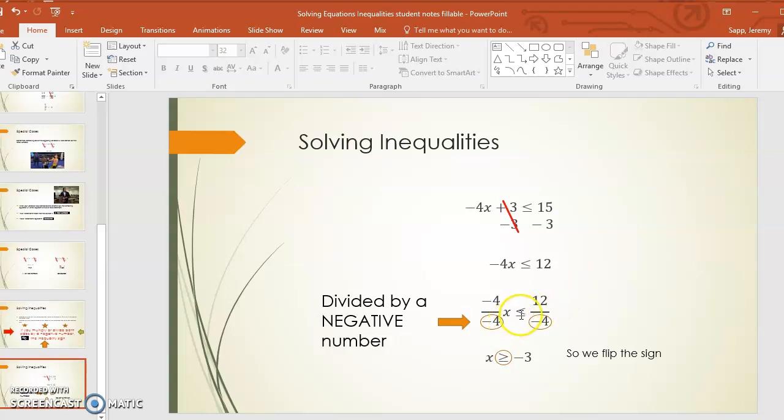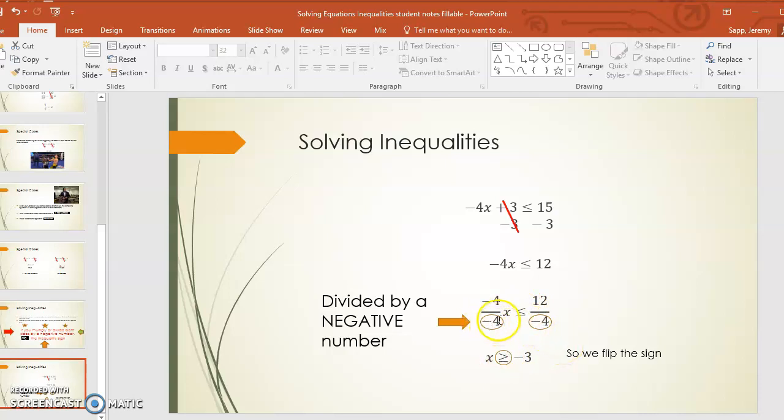So it was a less than or equal to sign. Notice in my answer it is a greater than or equal to. If there's an equal to bar underneath, it stays there. If there was not one, you can't put one in there. So it was a less than or equal to sign, it became a greater than or equal to sign.